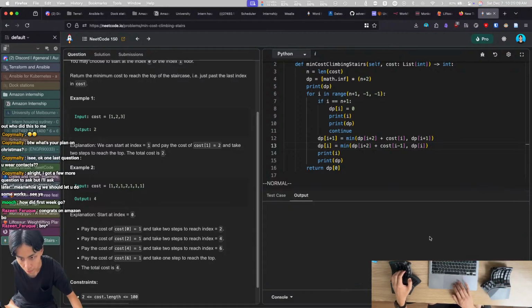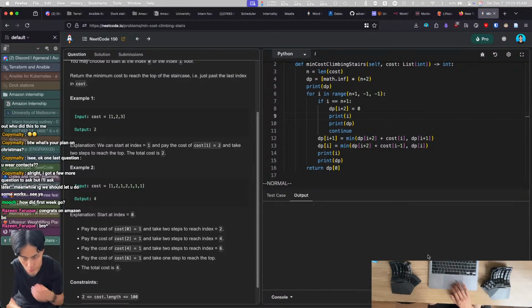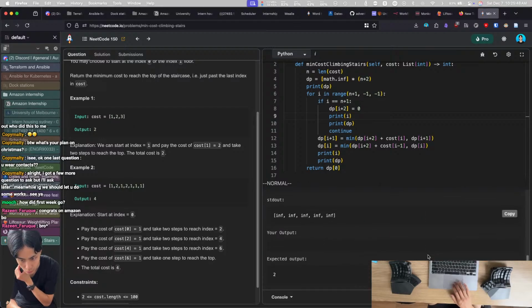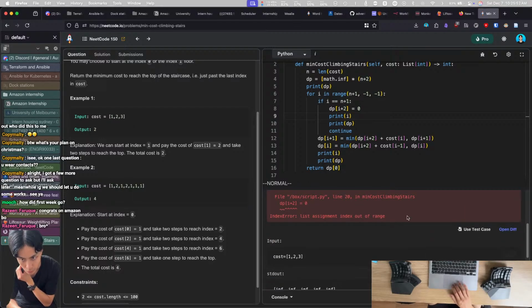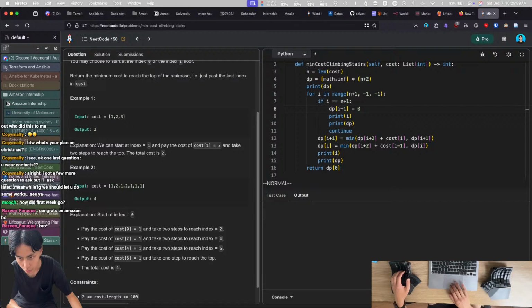Man. So it starts from here. The dp of i+2 should exist. Sorry, I+1.